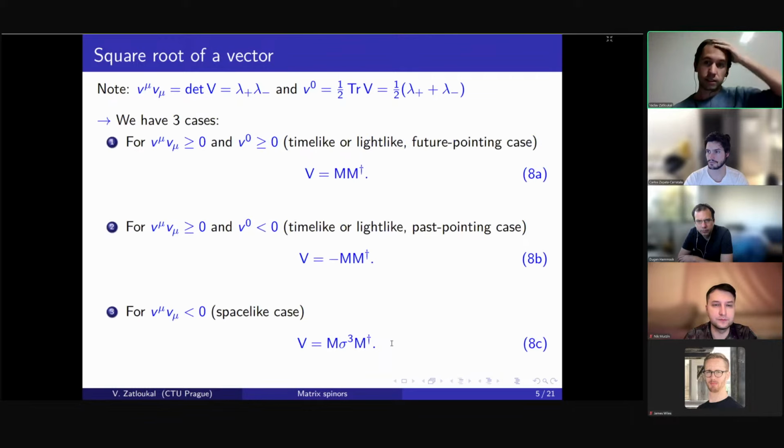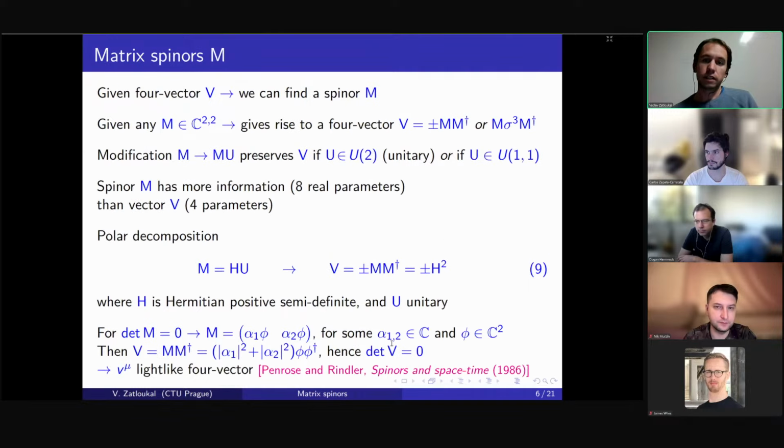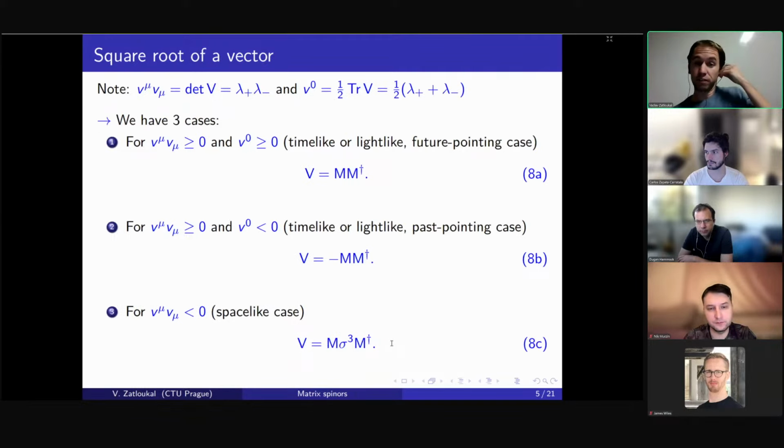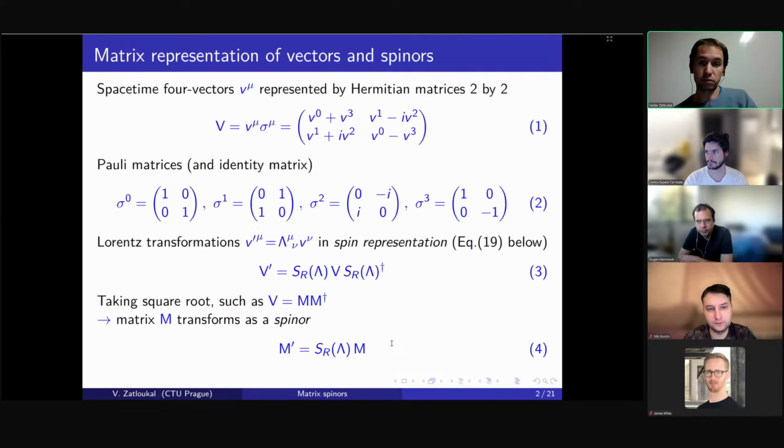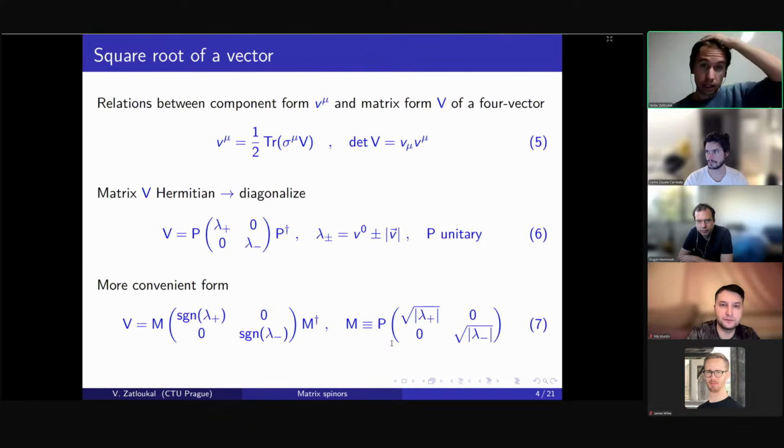So this is the convenient way to take the square root, and indeed, if V transforms in this 2-sided representation, then M would naturally transform in the 1-sided spinor representation.